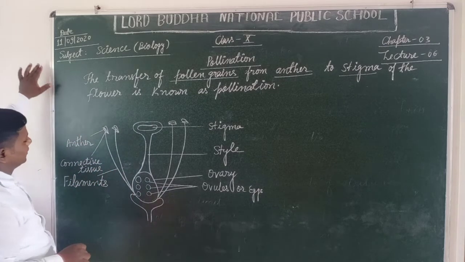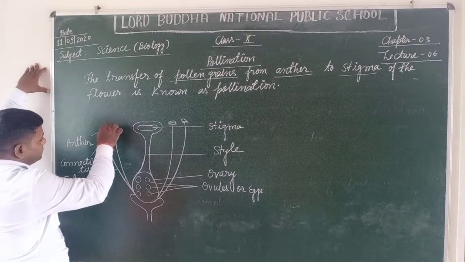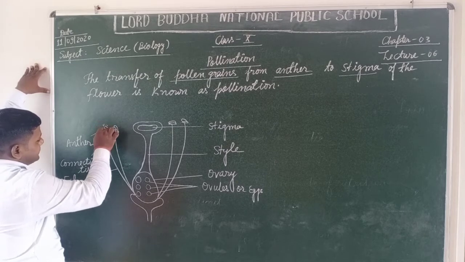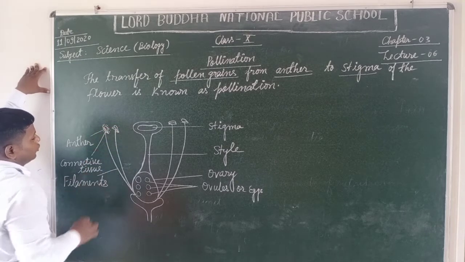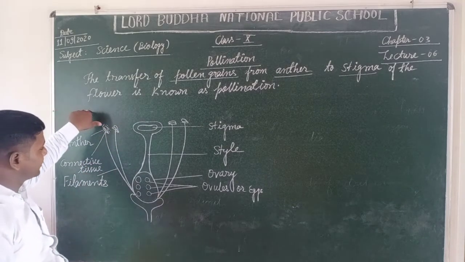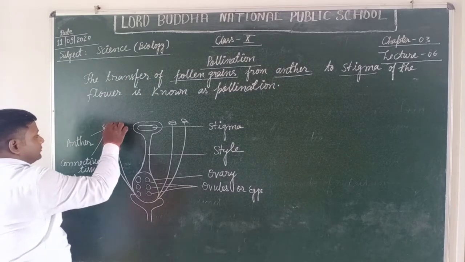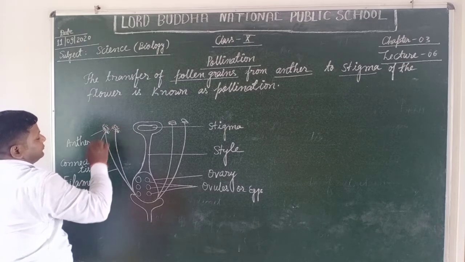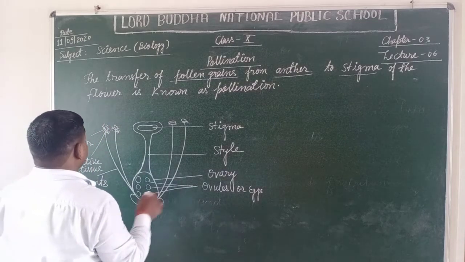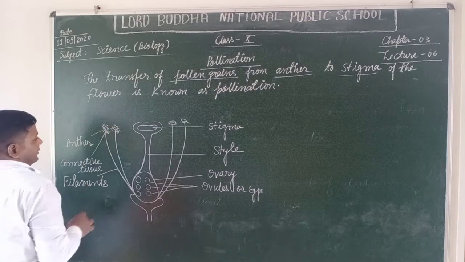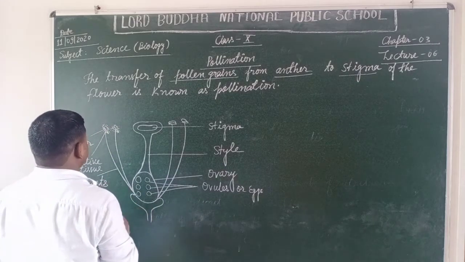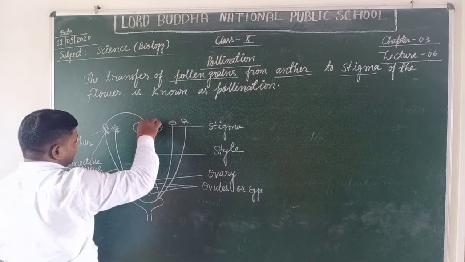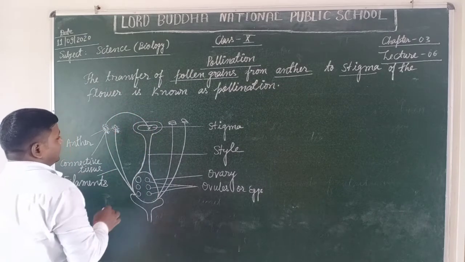On maturity of the anther, its outermost endothelium layer gets brushed out, and the rust-like minute microspores spread around the region, and they also get transferred onto the stigma of the flower.